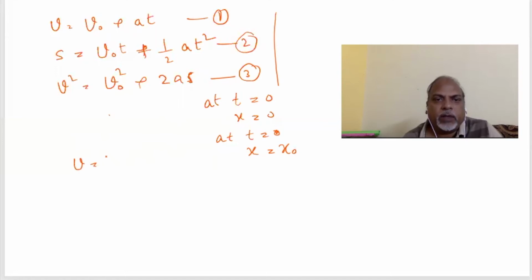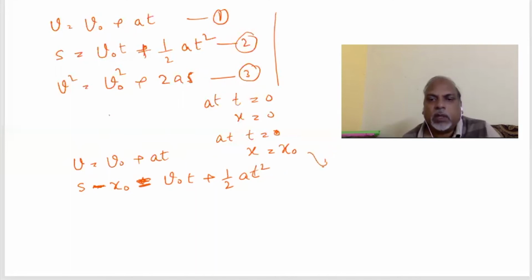This will remain the same, there is no problem. This will be s minus x0 equal to v0 t plus half a t square.